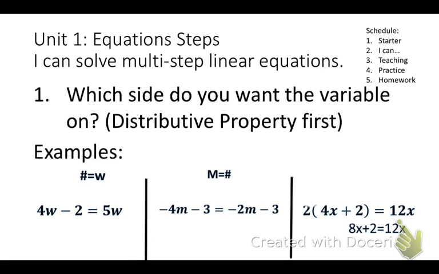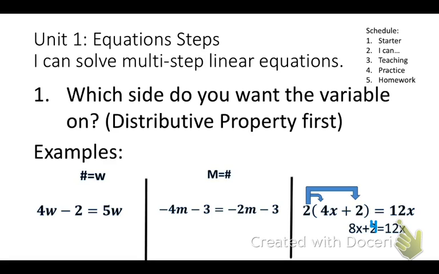Now, on this last one, I can't actually make the decision until I use the distributive property. That distributive property tells me that I have 2 times 4x, so that gives me 8x, and I have 2 times positive 2, which gives me 4. I'm not quite sure why it says the other, but let's change that to 4.